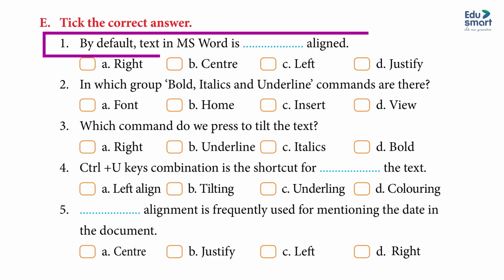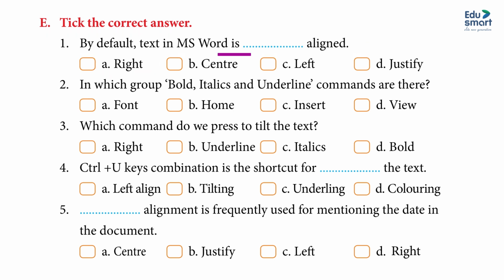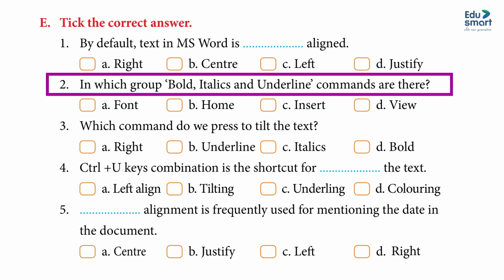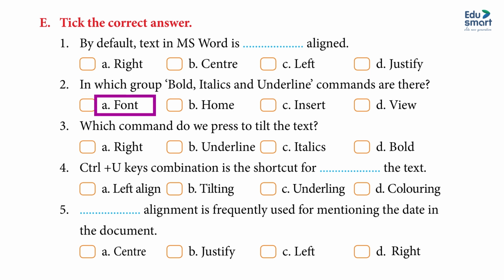E. Choose the correct answer. 1. By default, text in MS Word is dash aligned. A. Right. B. Center. C. Left. D. Justify. Answer: C. Left. 2. In which group are the bold, italics and underline commands? A. Font.